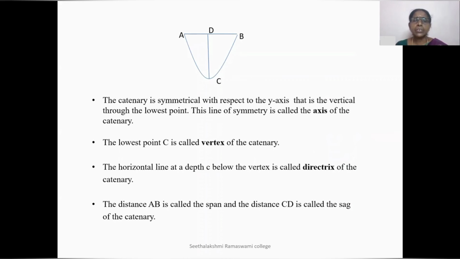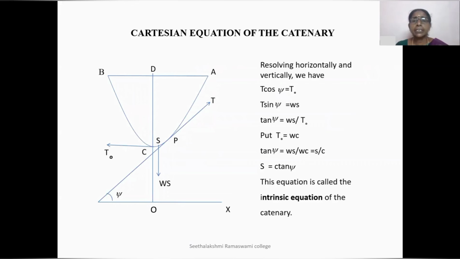From this diagram, you see the catenary is symmetrical with respect to the y-axis, a vertical through the lowest point. This line of symmetry is called the axis of the catenary. The lowest point C is called the vertex of the catenary. The horizontal line at a depth C below the vertex is called the directrix of the catenary. The distance AB is called the span, and the distance CD is called the sag of the catenary.